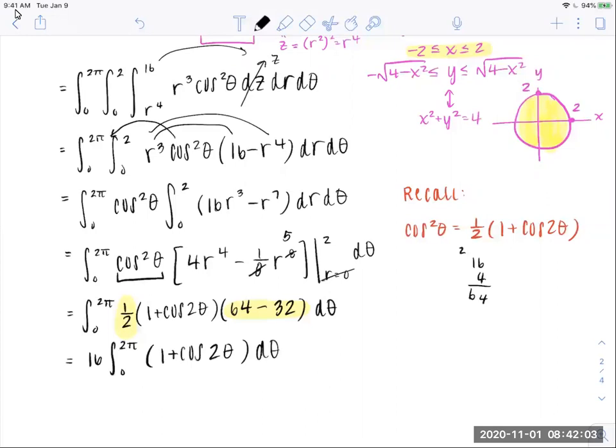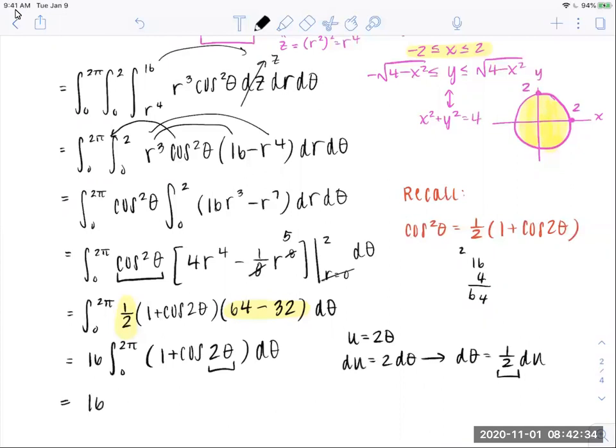All right. Now, if you feel comfortable doing the u substitution here in your head and recognizing that that's going to pop out a factor of a 1/2, by all means, you can skip that u substitution. If you still don't feel comfortable making that skip, then go ahead and show u equals 2 theta, du equals 2 d theta, or in other words, d theta is a 1/2 du, and you'll see this factor of 1/2 popping out.